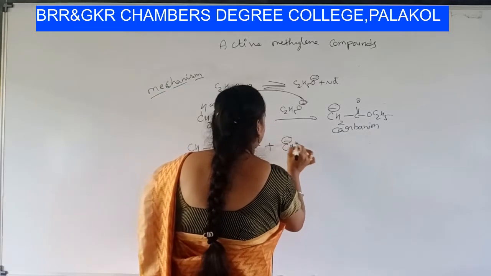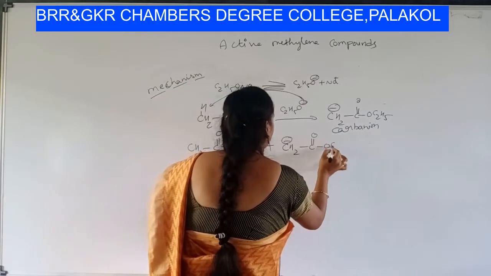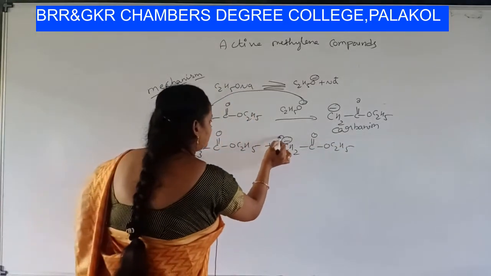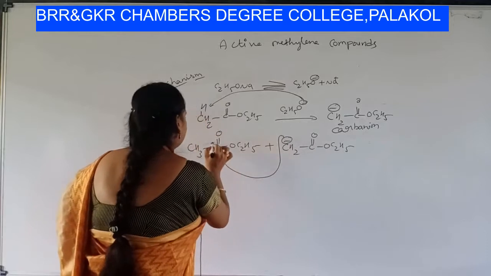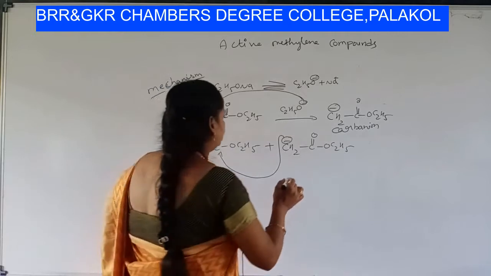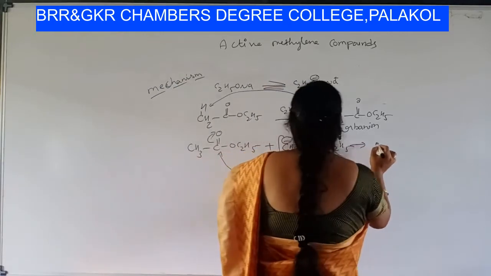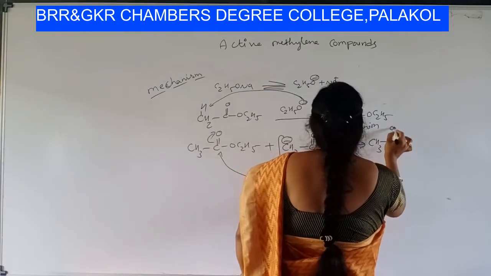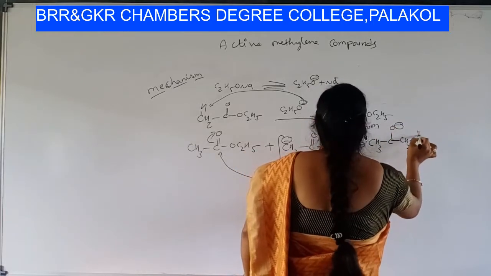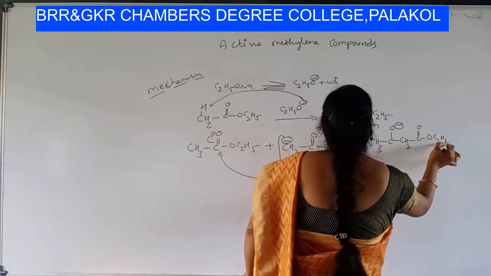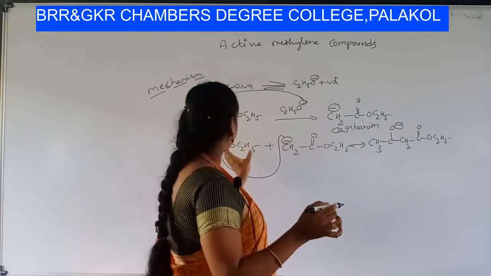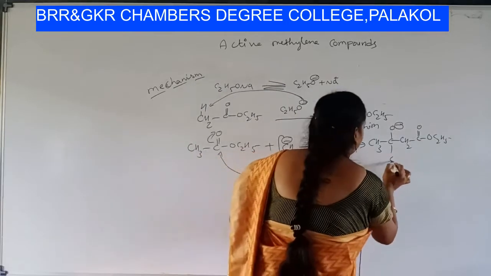So CH2 minus C double bond O, OC2H5. What happens here? The minus charge attacks the carbonyl carbon, which is the reactive part here. So we'll get CH3CO minus, CH2 C double bond O, OC2H5. I am attaching this part and writing this part down this side, so you can understand easily.